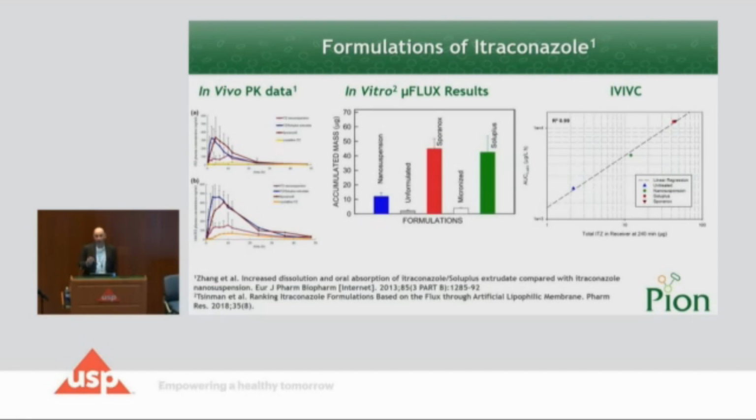That indicated to us, at least for this case, I cannot generalize, but for this case, we probably, if we had some other formulations, it would be interesting to see whether they would be on the same line. So we published this data very recently. If you're interested, you can ask for a reprint of this paper.